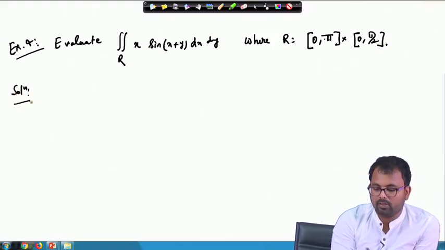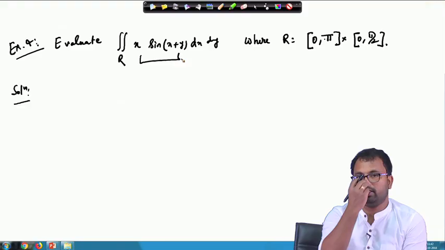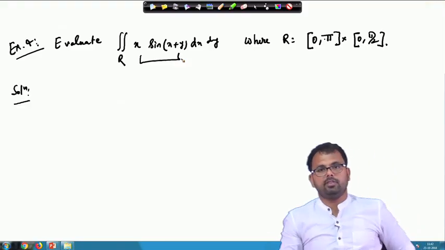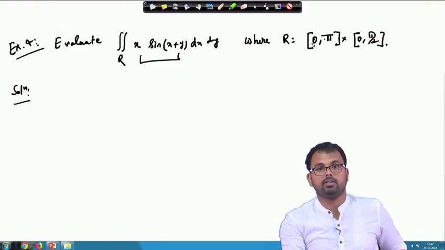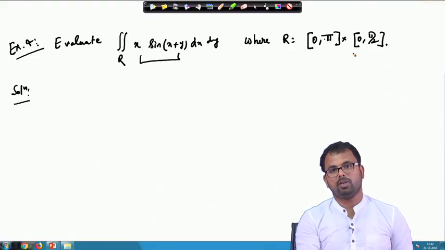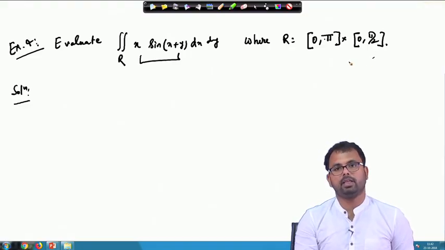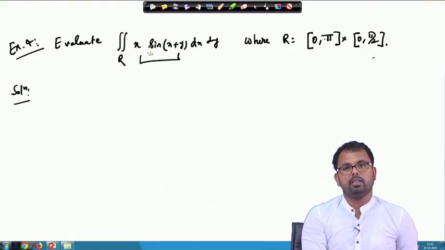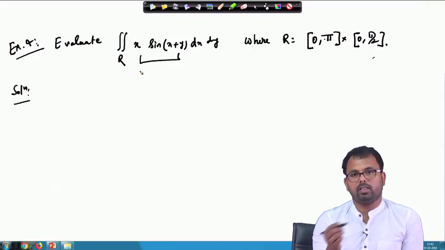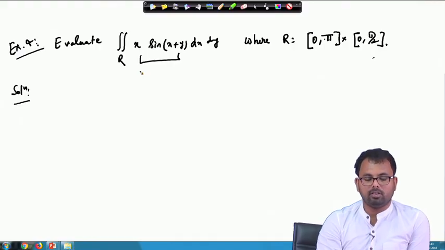Again, just look at this integrand, it is basically x times a trigonometrical function, sine actually. So, the integrand is bounded on this rectangle R, and as a result this double integral will exist. Now, we will treat this double integral by the repeated integral method.